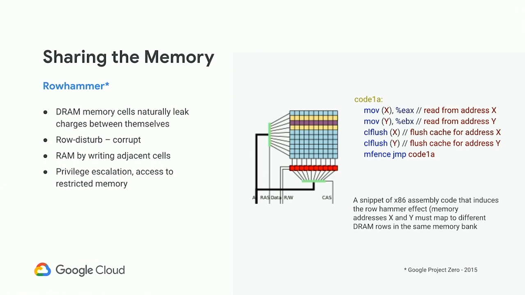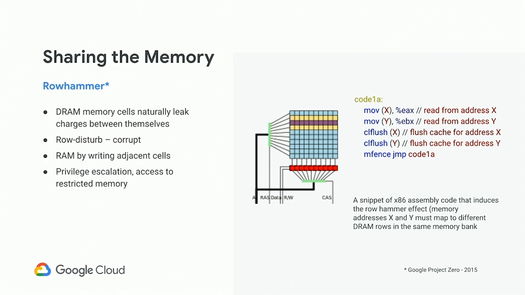So there is a demonstration based on what is called Rowhammer. That's another Google Project Zero work that was released in 2015, where they were able to execute user space code, not privileged code, that changed the memory footprint in some rows of the memory that were influencing the neighboring cells enough for those cells to flip the bit for privileged code.